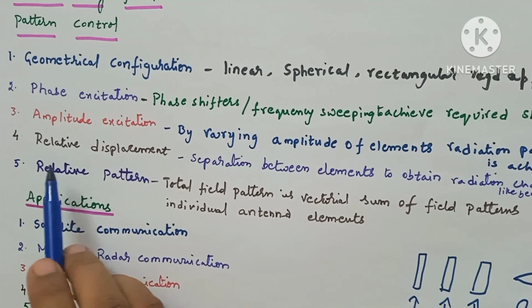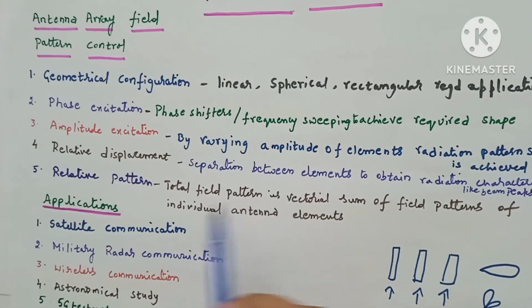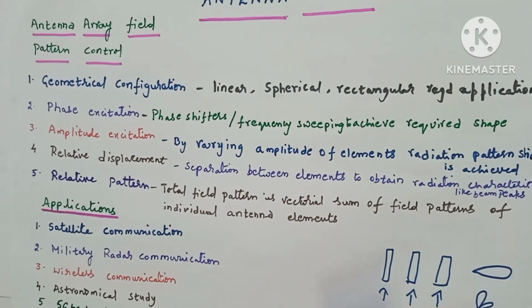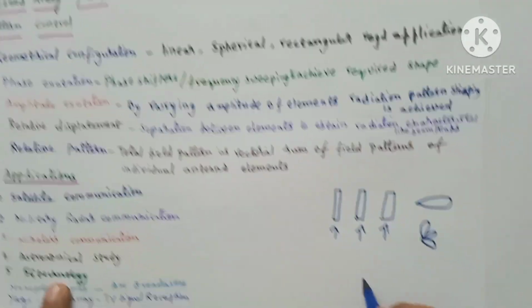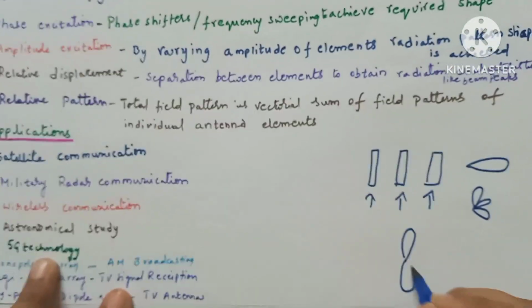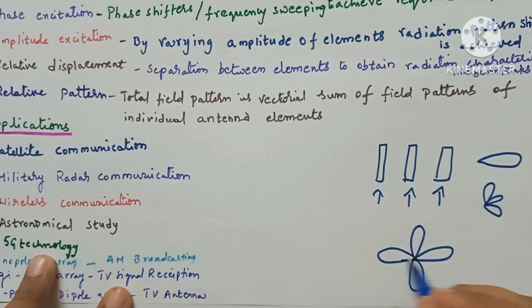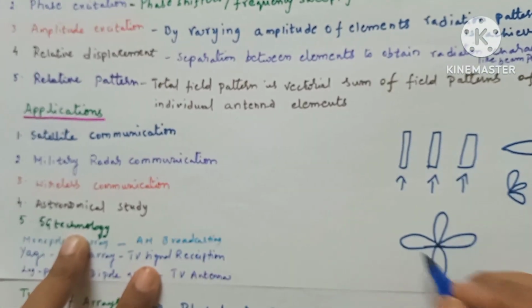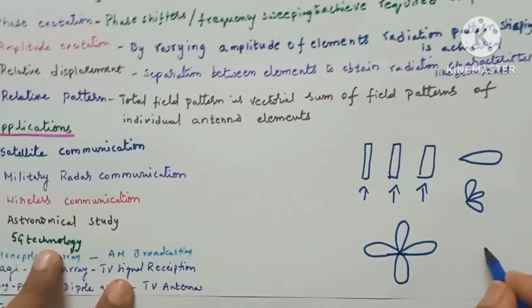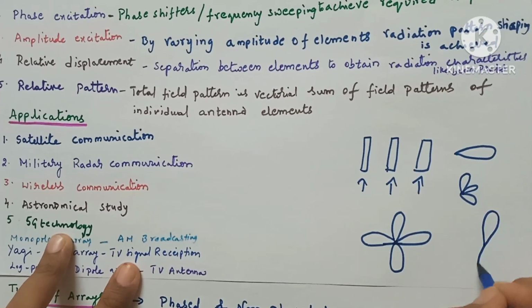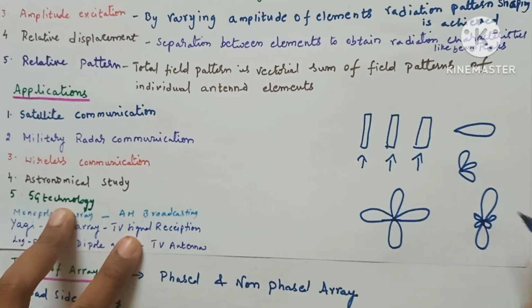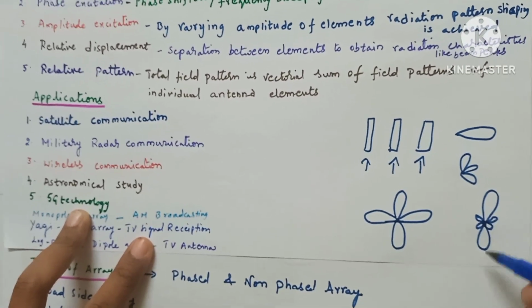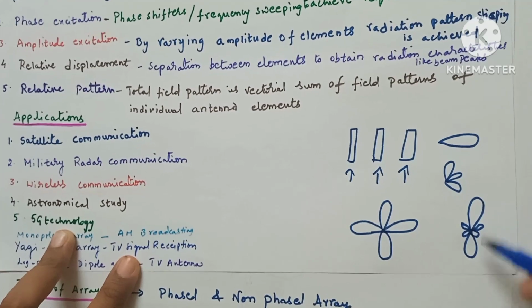Next, the fourth one is relative displacement. It is also one of the ways to control the radiation pattern. For example, we can see the radiation pattern outputs will be like this. This is just an example. In this diagram you can see four major lobes, and in one more diagram like this you can see two major lobes, two peaks.